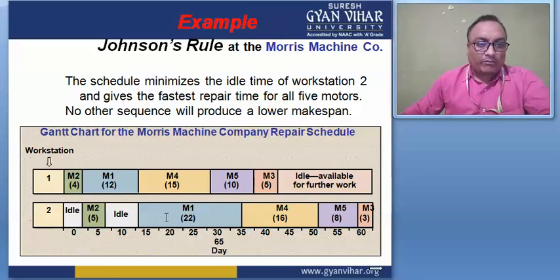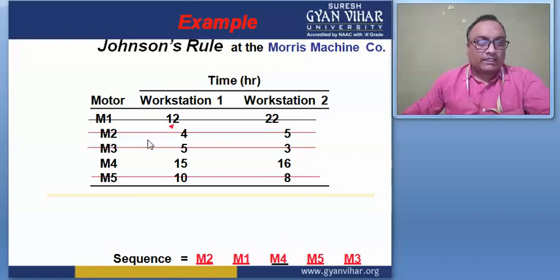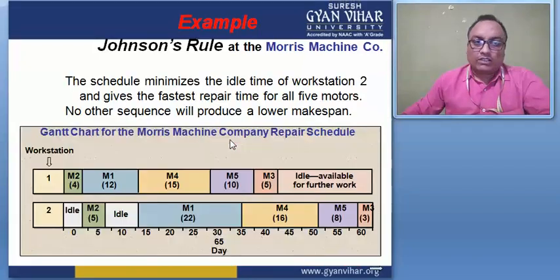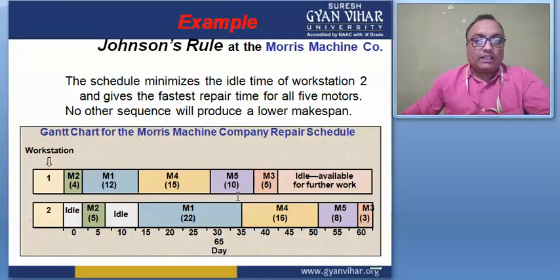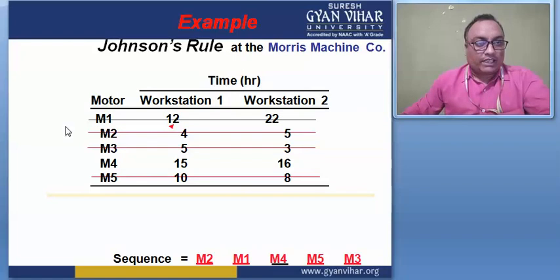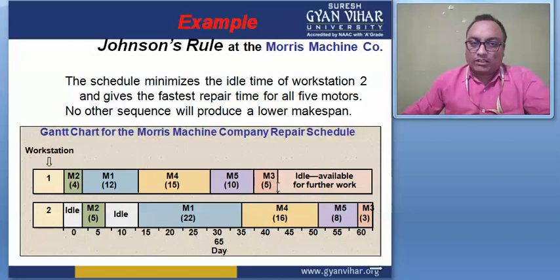So M1 ends at 22 hours, and you denote 22 hours here. Then when 15 hours are completed, move to job 5, which is represented as 10 hours in the Gantt chart. Then move to M3, which requires 5 hours more, so you mark 5 hours more. Then this job is completed after 22 hours.